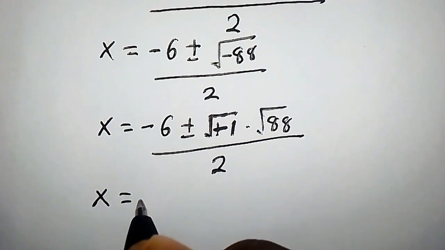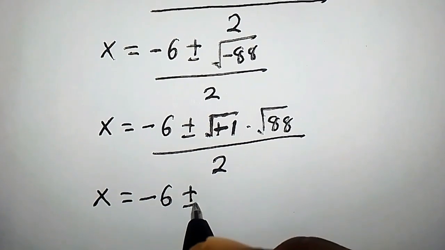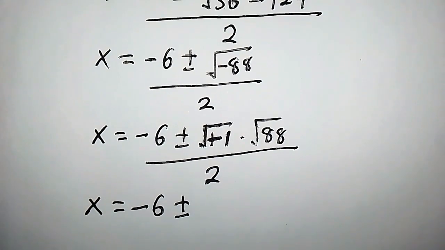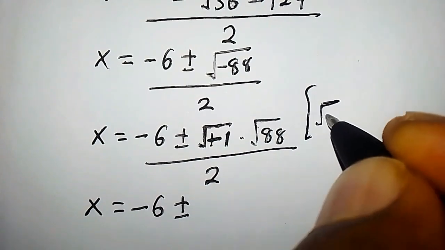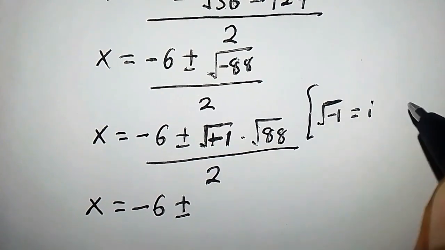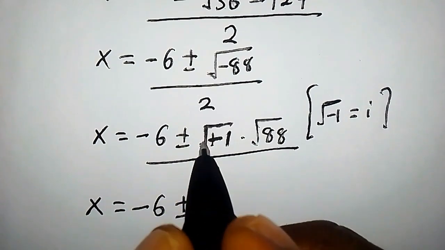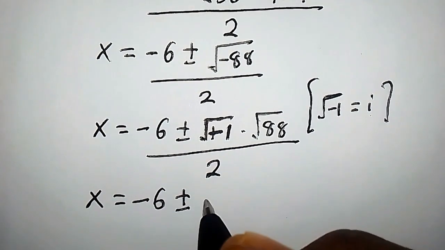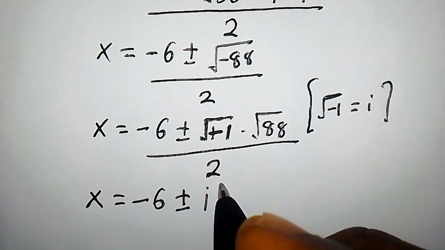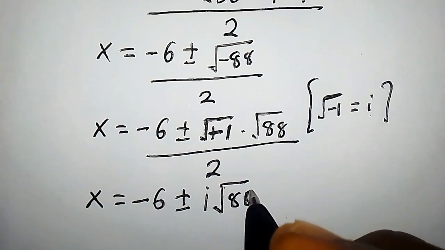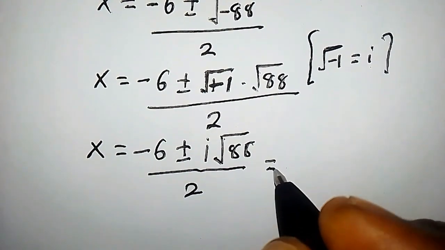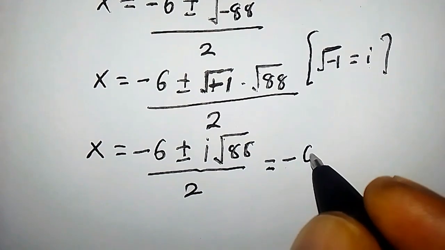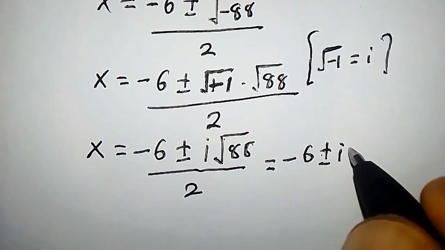x is equal to minus 6 plus or minus. Don't forget, from complex numbers, we know that square root of minus 1 is equal to i. So we have to replace the square root of minus 1 with i. We have i times square root of 88 divided by 2. This is equal to minus 6 plus or minus i.